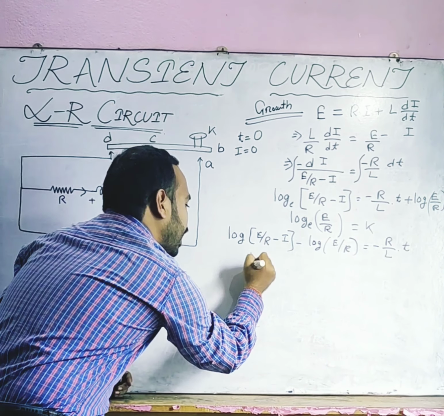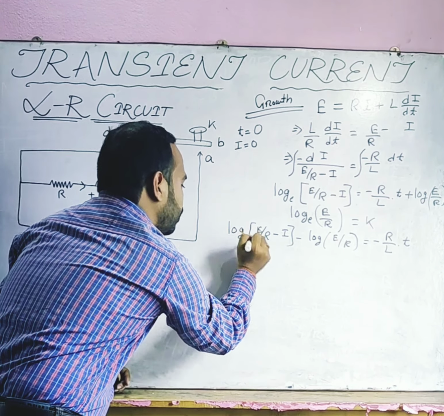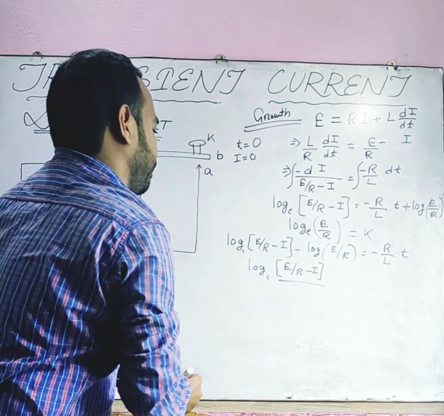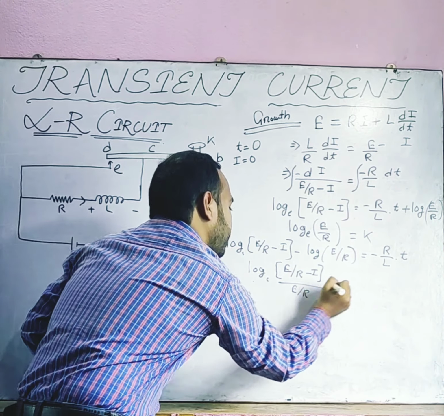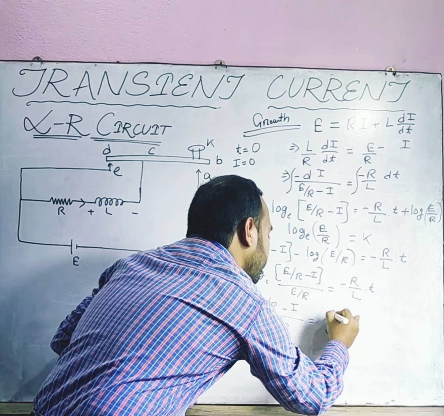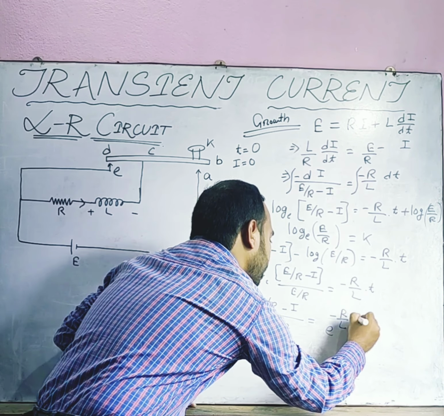The above equation becomes log of E by R minus i divided by E by R equals minus R by L into t. Now this can be written as E by R minus i divided by E by R equals e to the power minus R by L into t.